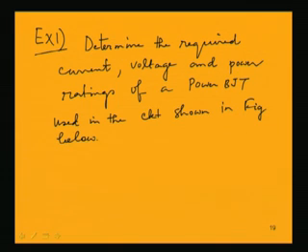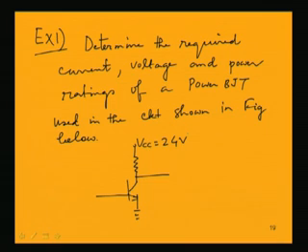We are given a power transistor with a circuit as shown in the figure. It is a common emitter transistor and VCC being applied is 24 volt, and this resistance, which is the collector resistance or load resistance RL, is 8 ohm, and a signal Vi is applied.